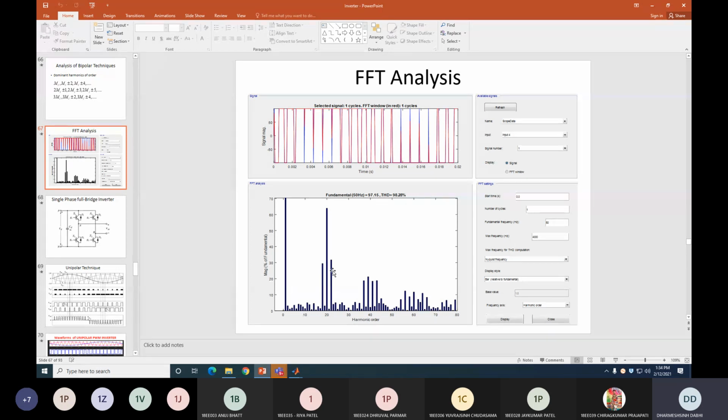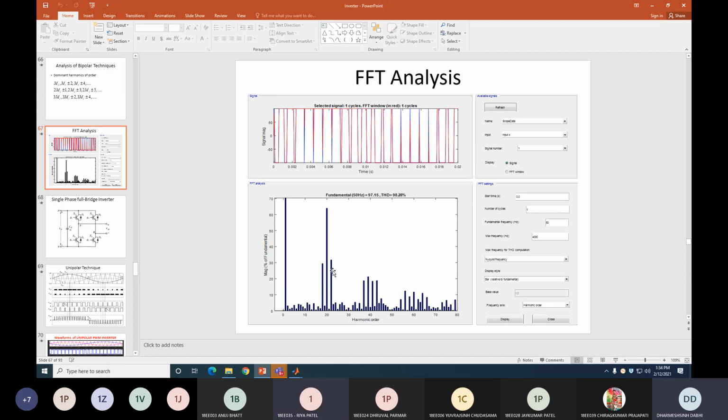What is basically a filter component, inductor and capacitor? In the last lecture, I think we discussed that inductor and capacitor values are inversely proportional to frequency. As the frequency increases, the values of L and C decrease. It means the size of the inductor and capacitor will decrease. Yes or no?